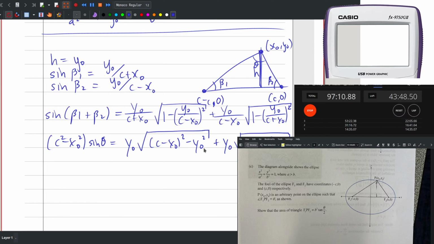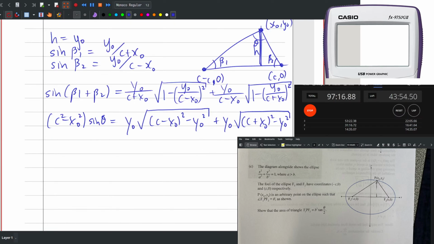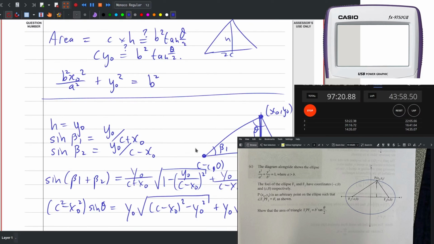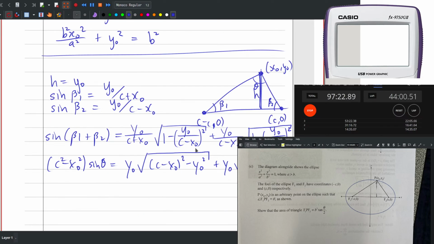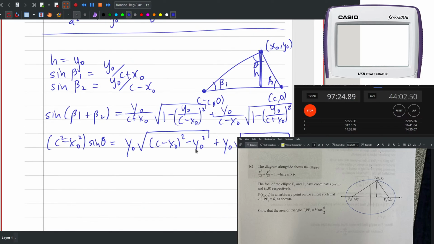Wait a minute. On the right side we have y naught, right? So we have y naught. Remember the expression for area is c y naught, right? No, that's stupid.